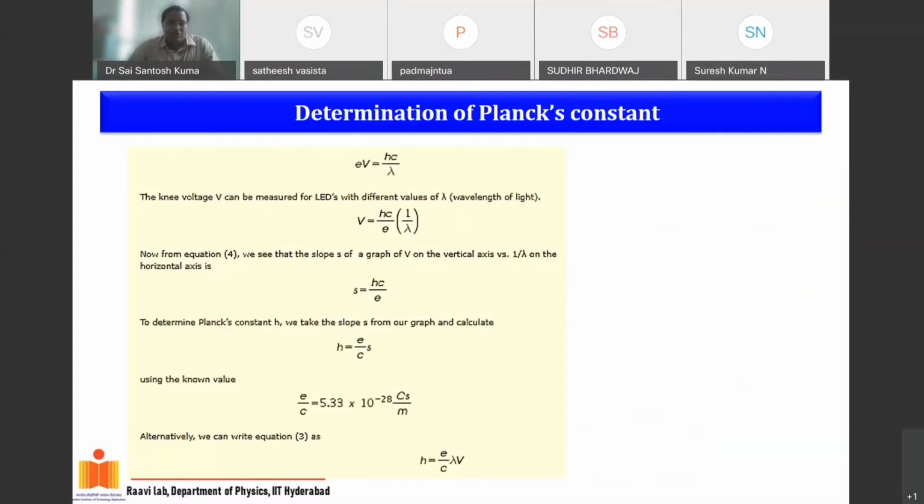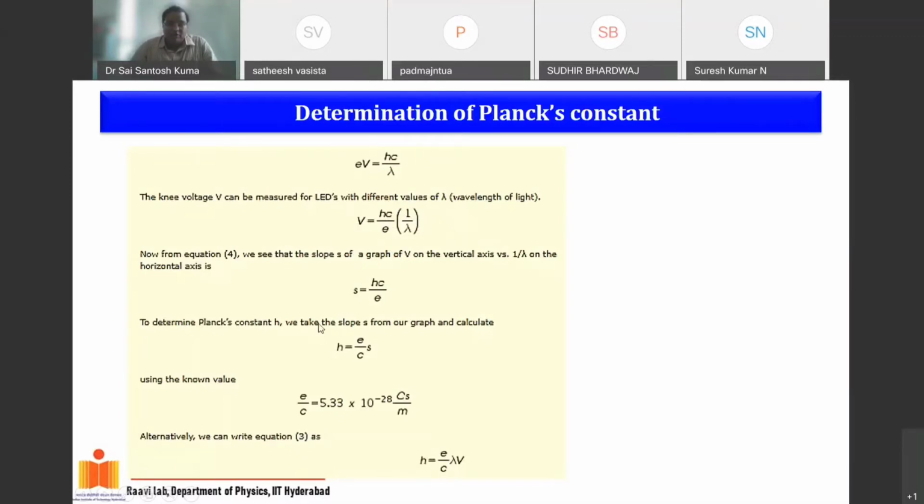Okay, you can also write the same thing as V equal to hc by e times 1 by lambda. The reason why we do this is, if you look at it carefully, there is a constant c by e, right? There is a certain constant. So V is proportional to h by lambda.